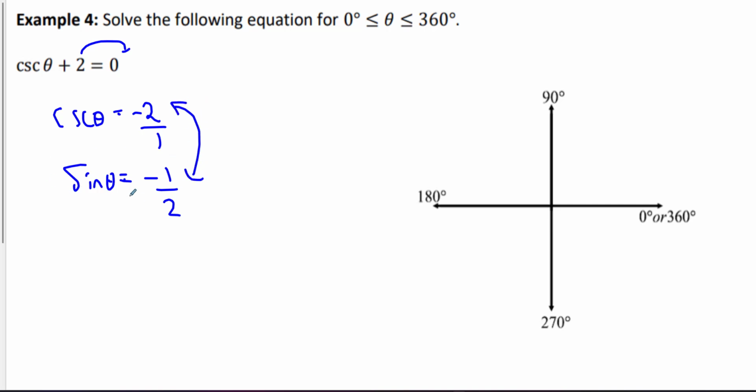So now I can solve it, because I know how to solve for sine. I can just do theta is equal to the inverse sine of negative 1 over 2. And let's do that. What do you get when you do that?